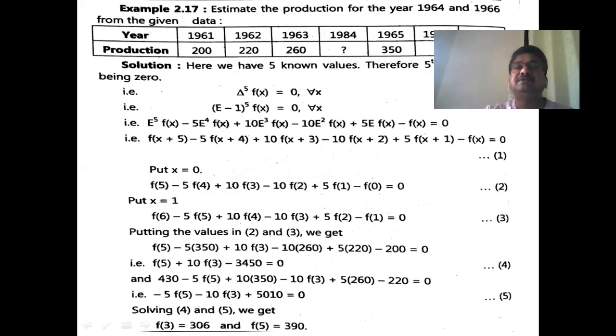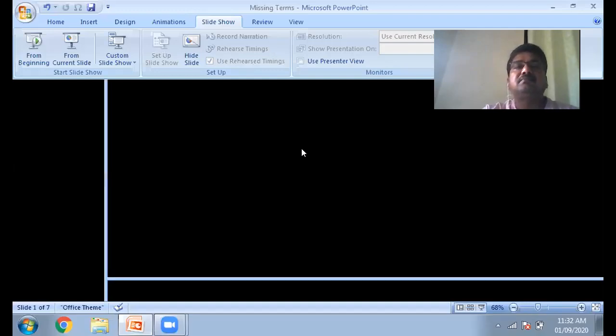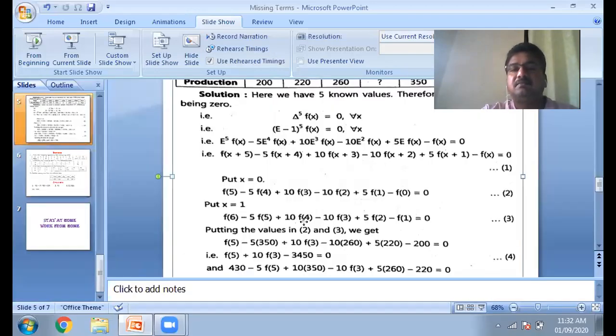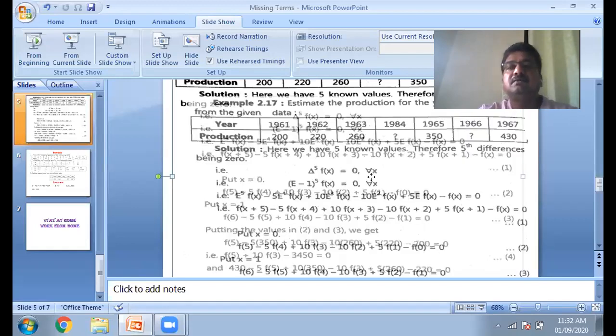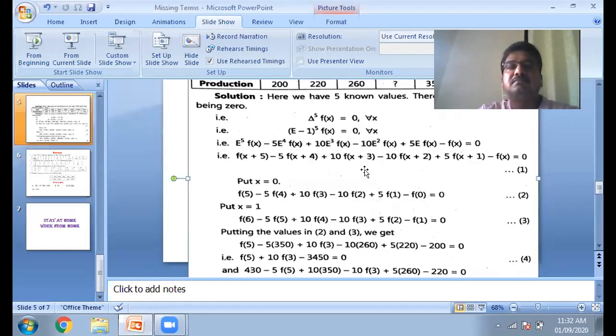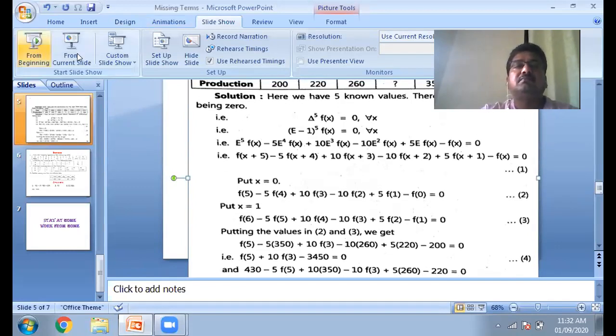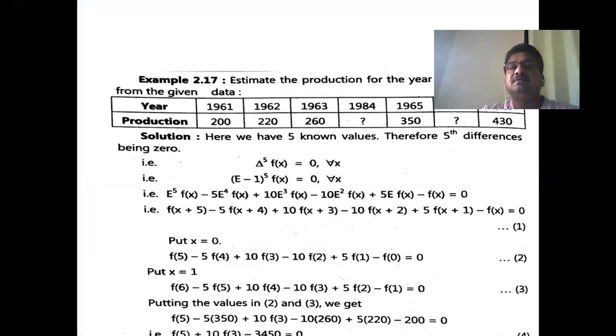Next problem: missing terms. Estimate the production for the years 1964 and 1966 from the given data.